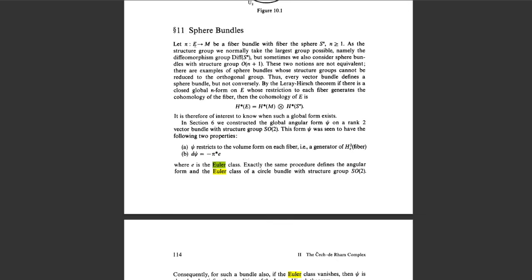That can be described by an oriented sphere bundle with rank in vector bundle, and the creation of that Thom class will require a specific construction of an angular form with a complement of a zero section.